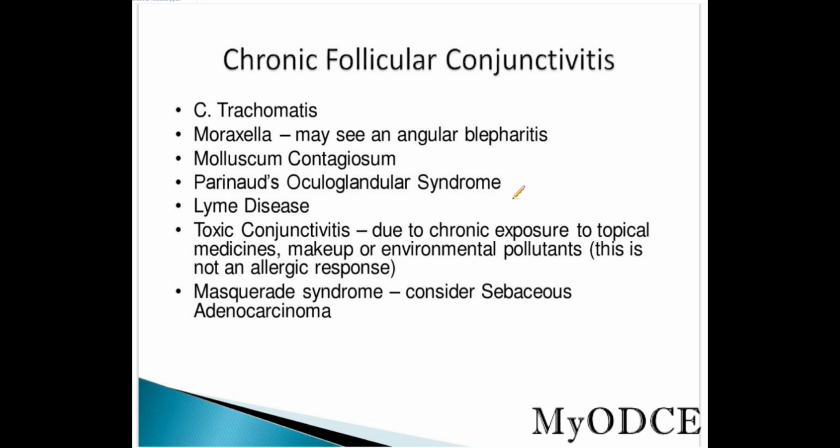Toxic conjunctivitis due to chronic exposure to topical medicines. Makeup, which some of us might not always think of as being a possible cause of a chronic follicular conjunctivitis. Or environmental pollutants. And again, this is not an allergic response. It is an inflammatory response, but it's not an allergic response in that sense. People will come in saying, oh, I think I'm allergic to my makeup. I think I'm having an allergic reaction.